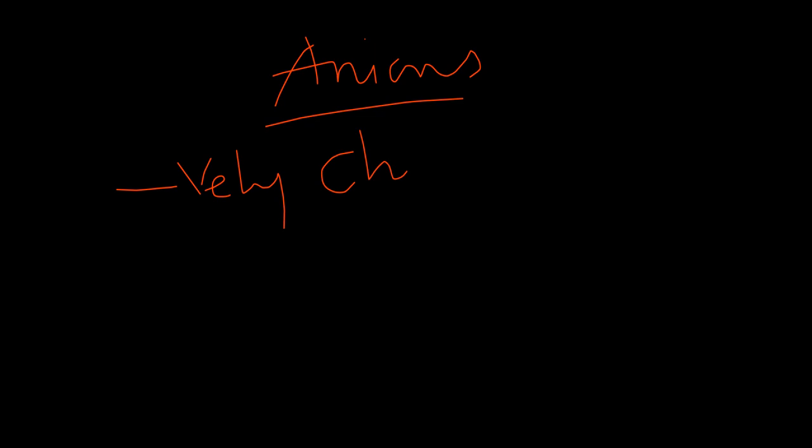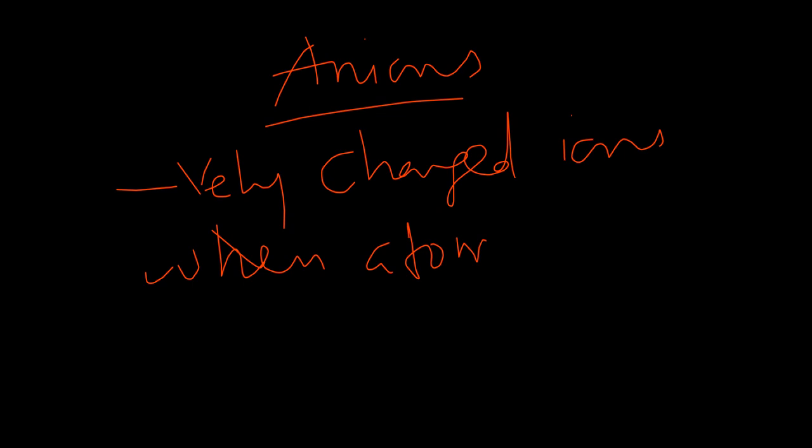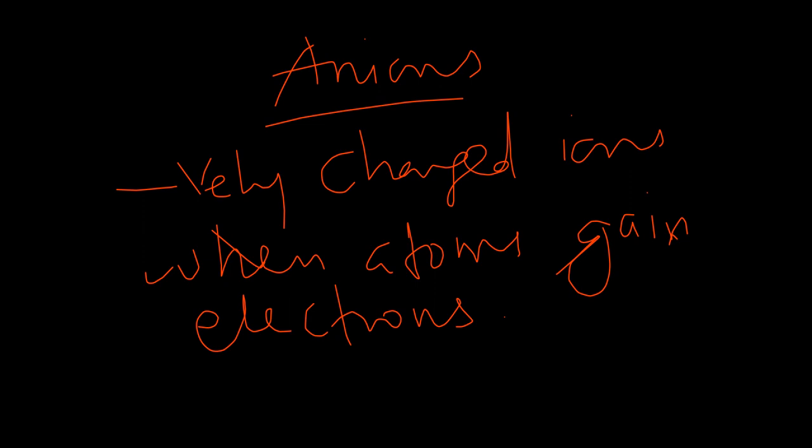They are negatively charged atoms or ions that are formed when atoms gain electrons. So those are the simple definitions for cations and anions. And I believe you remember how they are formed and everything.